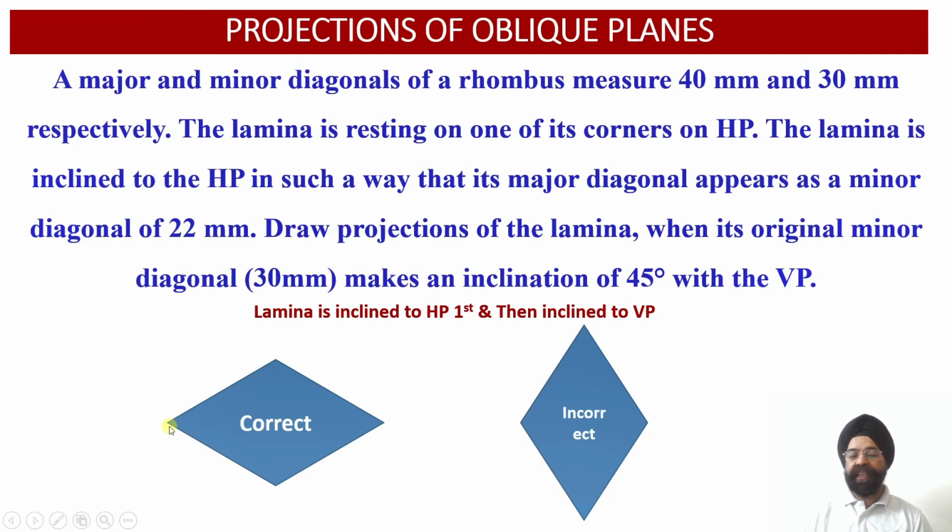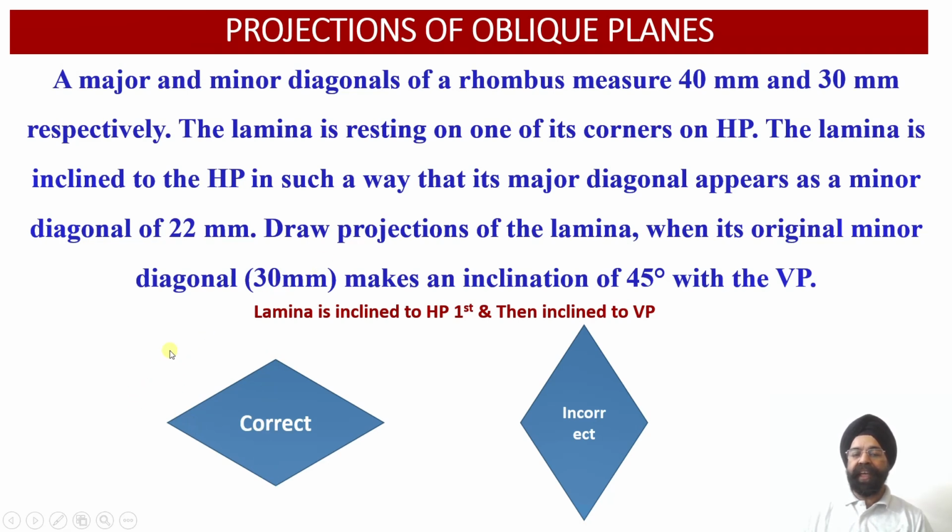Whereas in this case, we can see that this is the major diagonal which measures 40 millimeter. This is the minor diagonal which measures 30 millimeter. Now, once we tilt this lamina with respect to the horizontal plane, the minor diagonal of 30 millimeter will be unaltered in the plan view because this is still parallel to the horizontal plane.